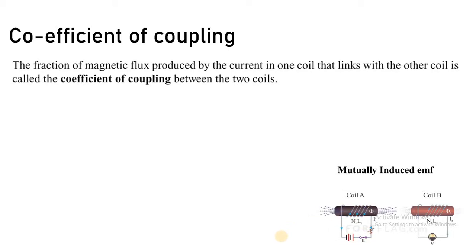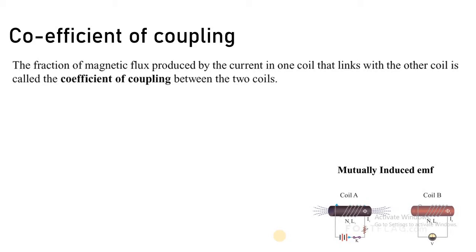Suppose coil B is so near to coil A that all 50 flux lines of coil A are going to link with coil B. It means 100% of the flux provided by coil A is going to link with coil B. So in that case, what will be the coefficient of coupling?